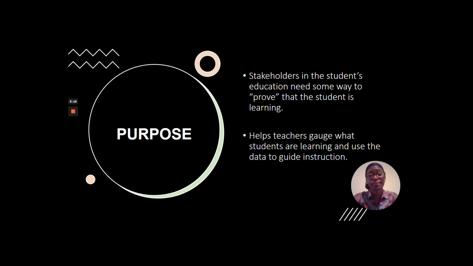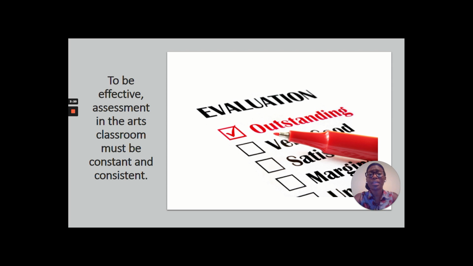of your students? Now, to be effective, assessments in the art classroom have to be constant, consistent, and also very specific. So our students know exactly what they're doing well, what their areas that need improvement, and how they can be accountable for their own growth and development in the classroom.